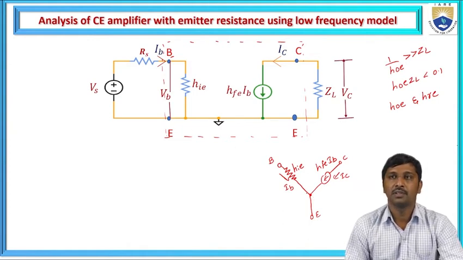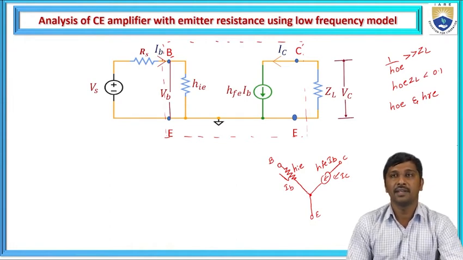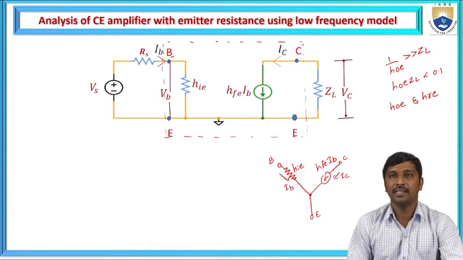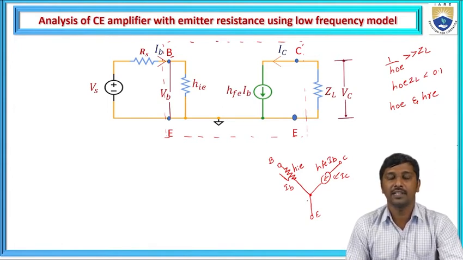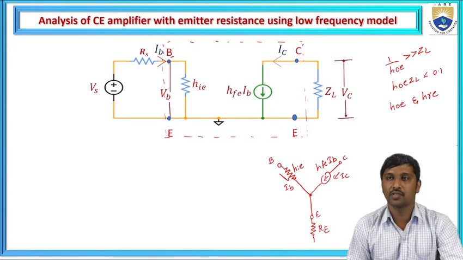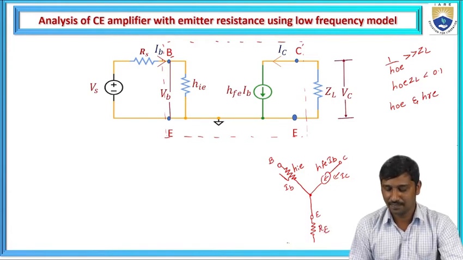By using this, now we are going to add some emitter resistance across the emitter terminal to stabilize the operating point with respect to the DC sources. Hence, for this case, we are going to add the extra resistance. That resistance is called the emitter resistance.